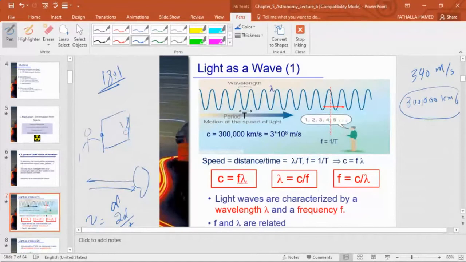But there was a lingering question at that time. Now we know that if you want to experiment with waves, there has to be a medium to carry the wave. And the question was, if light is traveling through vacuum, what is the medium that carries this? And that basically came with a wrong invention, which is the ether.